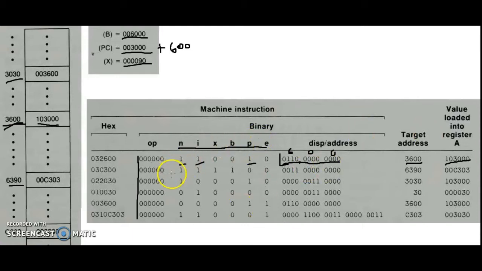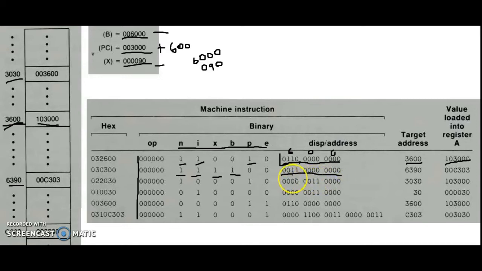The next case is n equal to 1, i equal to 1, x equal to 1, which means you need to make use of the X register. The X register has the value 090. Then base relative b is equal to 1, which means you need to consider this value 6000. Next you consider the displacement or address field.